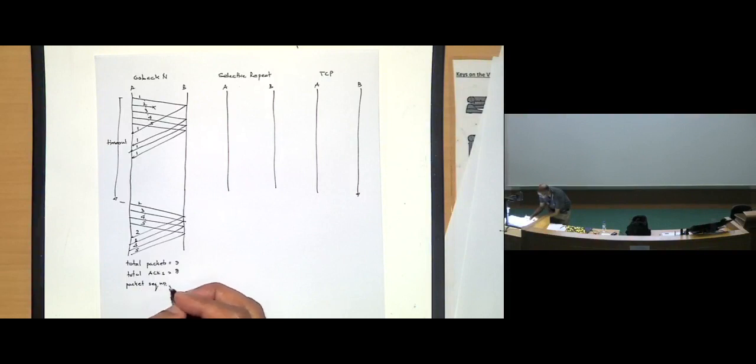What are the packet sequence numbers? We sent 1, 2, 3, 4, 5, then 2, 3, 4, 5. Right? And then ACK numbers were 1, 1, 1, 1, 2, 3, 4, 5. Questions?